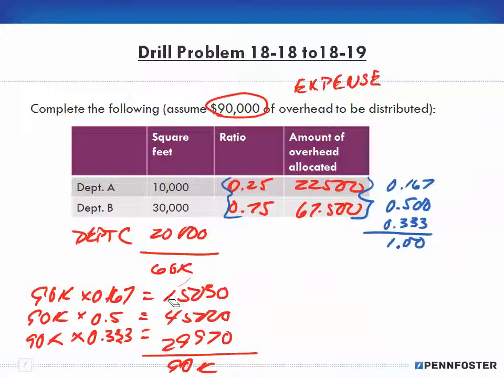It's the same process, you just have these extra steps. So if I had 7 departments, I'd have to list them all and do the math, the multiplication, division, set the ratio 7 times. I'd have to multiply 7 times, and my double checks are everything should add up to the 1, and should add up to whatever I have for my total to be distributed.